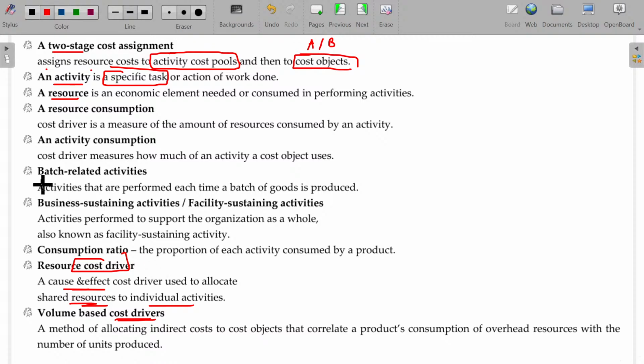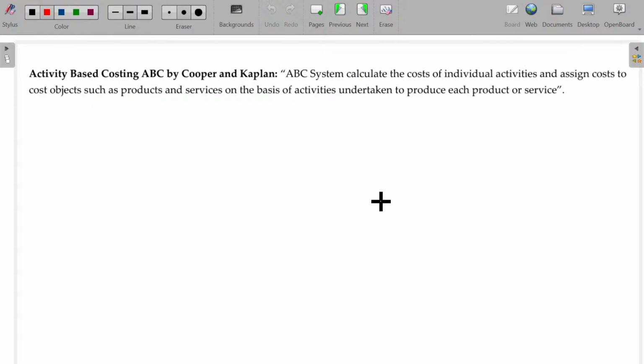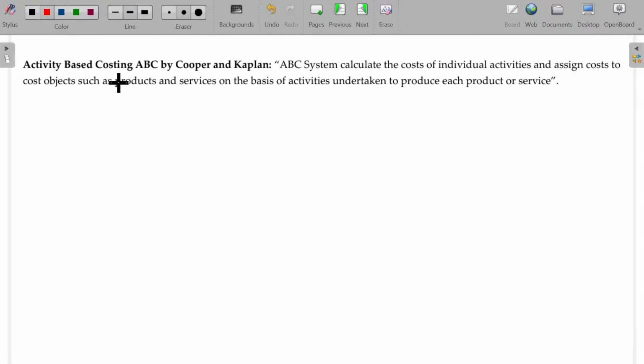Activities may be batch related activities, business sustaining activity, facility sustaining activity. So these are the other terms also used here. Anyhow, we'll see this one. Activity based costing system designed by Cooper and Kaplan. Calculate cost of individual activities, then assign the cost to the cost objects.